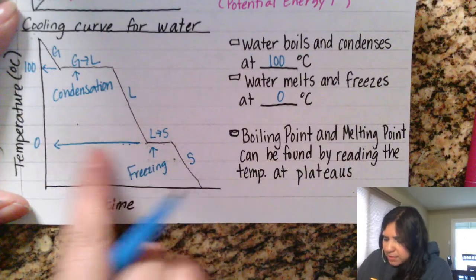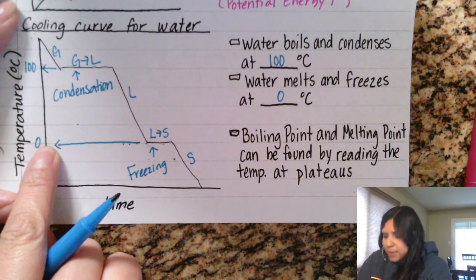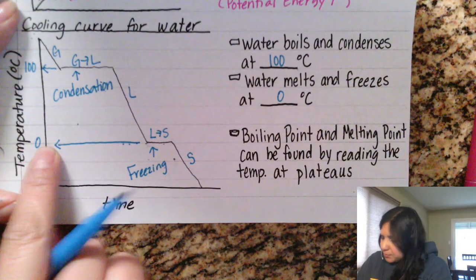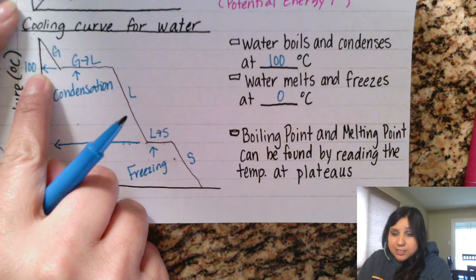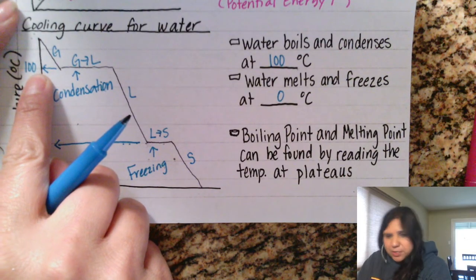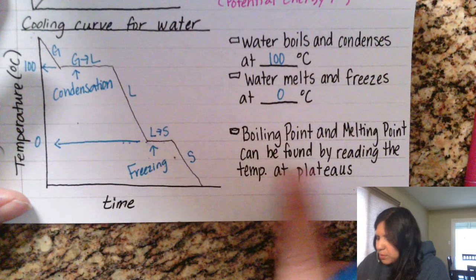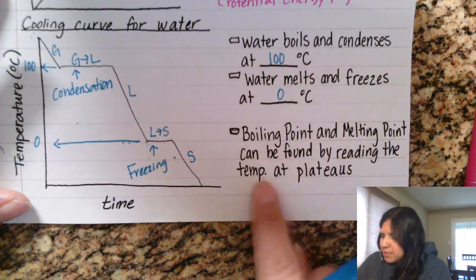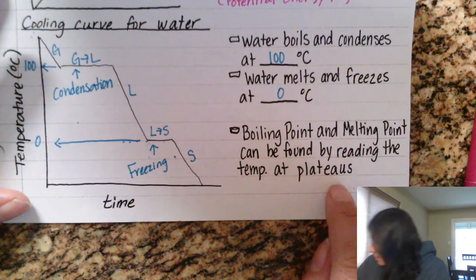We would read what temperature it is right here for the freezing point or melting point. And then up here we'd read the top plateau for the condensation point or vaporization point, boiling point. All right. So it says they can be found by reading the temperature at the plateaus. Remember, those are just flat regions.